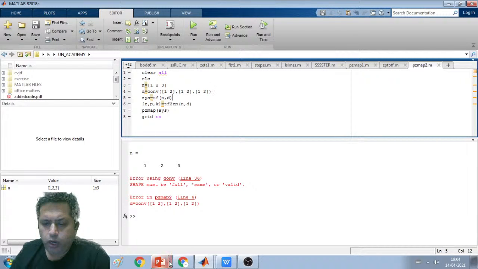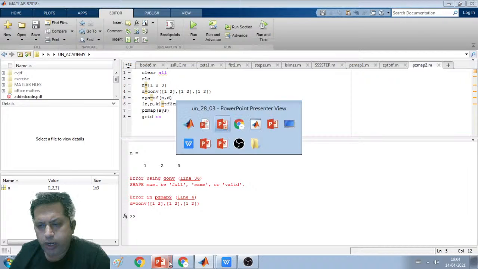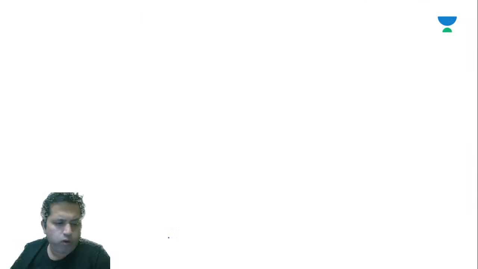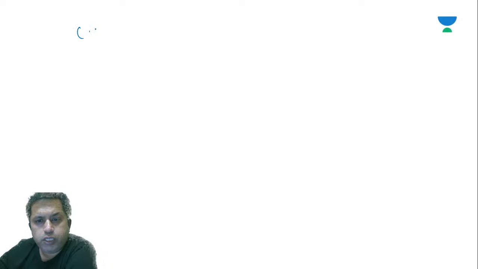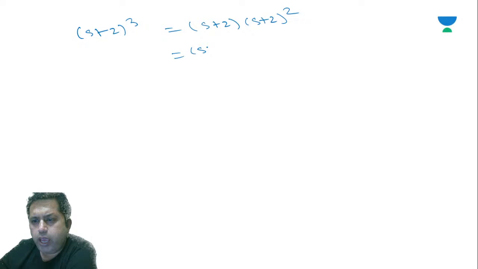Either do it like this or we will define another way to write the convolution. There may be a problem, sometimes the arguments cannot be taken. So this is (s plus 2) whole cube, equal to (s plus 2) into (s plus 2) whole square, (s plus 2)(s square plus 4s plus 4).